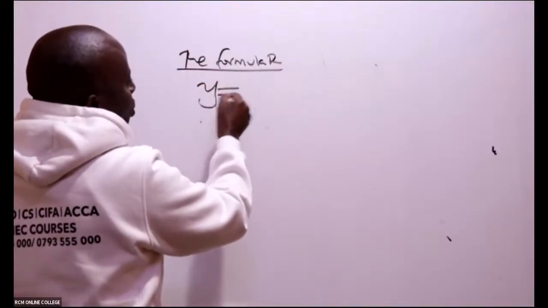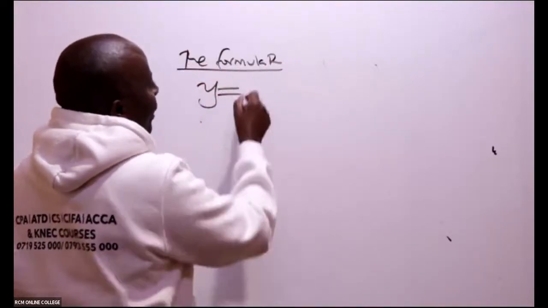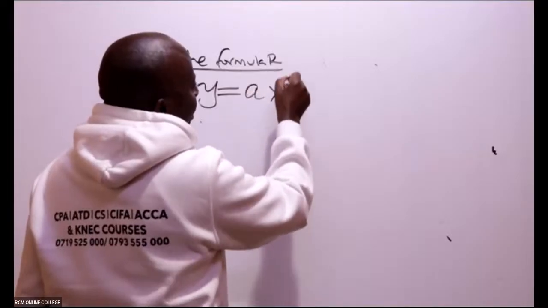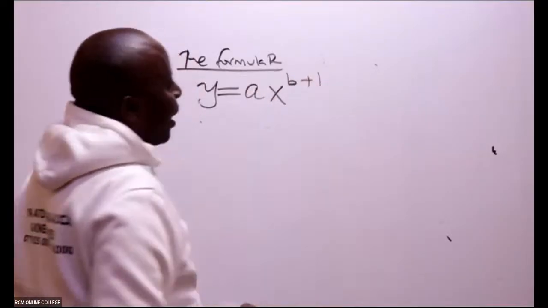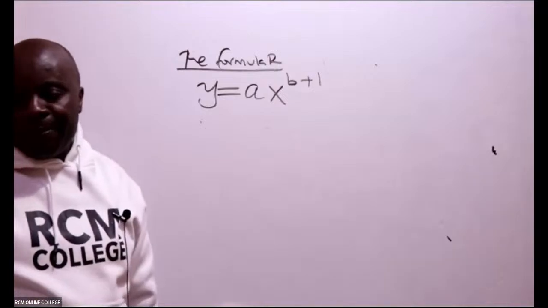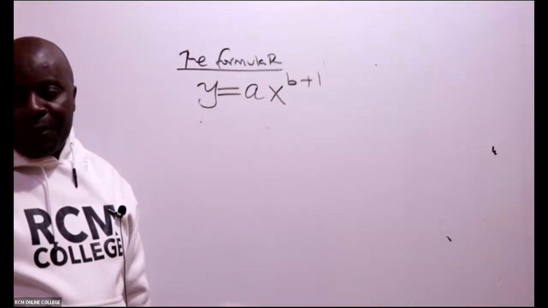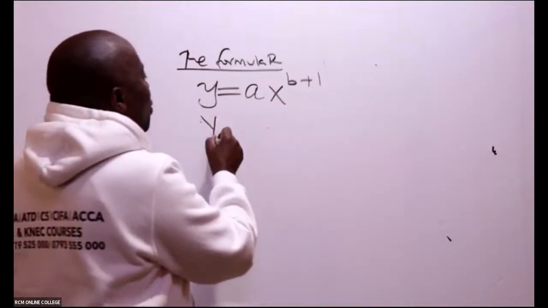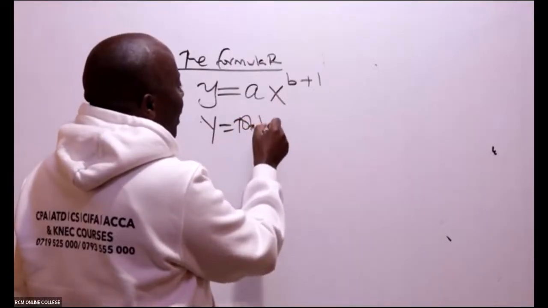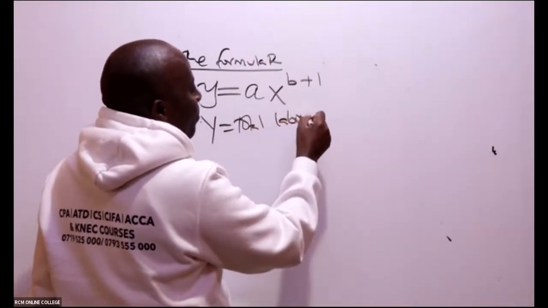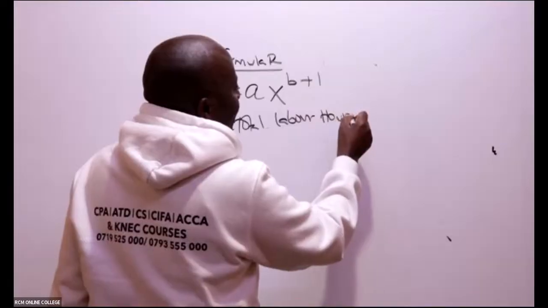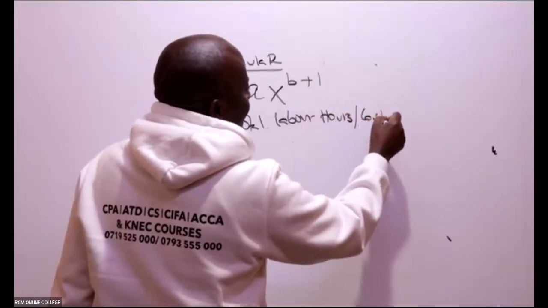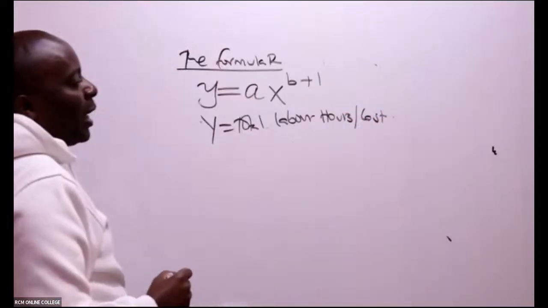So this formula goes like this: y equals ax raised to power b plus 1. That is our y. This y is total labor hours or cost.